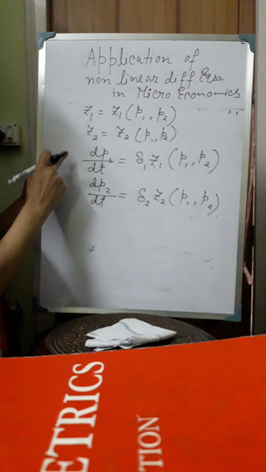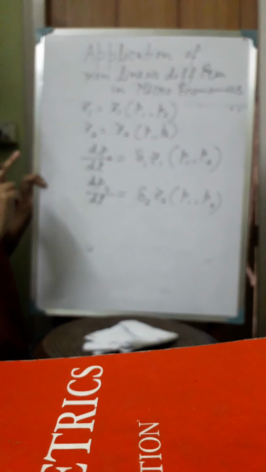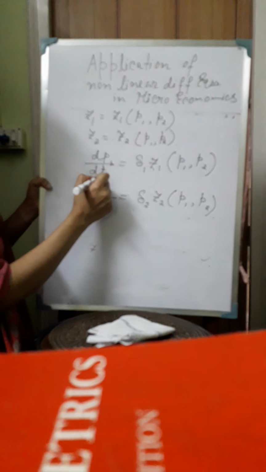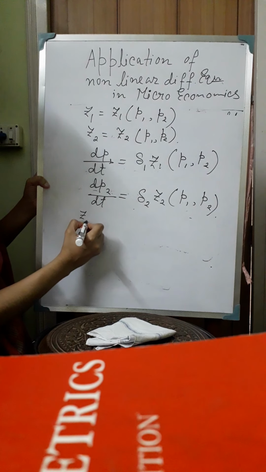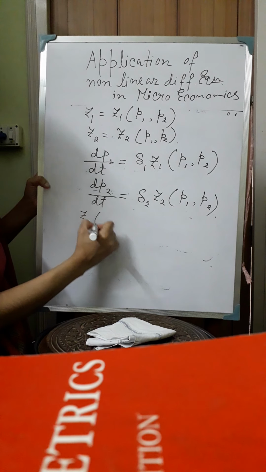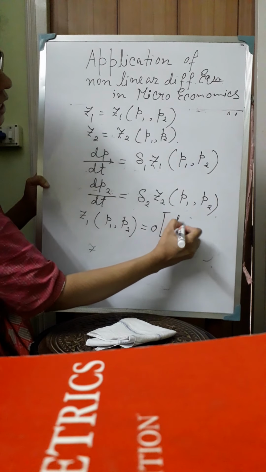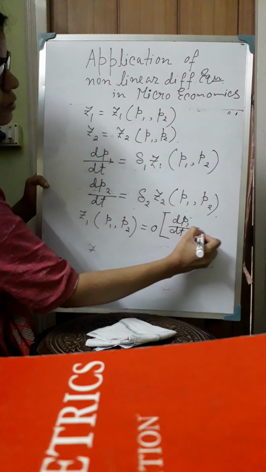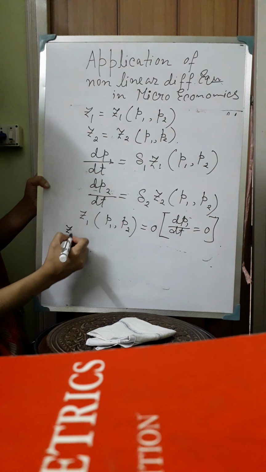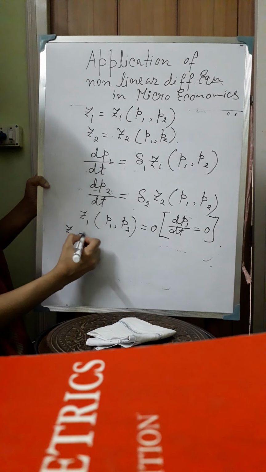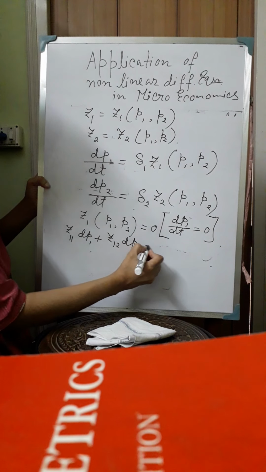Now if there is stability in market 1 and market 2, then we can say that dP1/dt is equal to 0. When dP1/dt is equal to 0, Z1(P1, P2) is equal to 0, so we can write that in equilibrium Z1(P1, P2) is equal to 0. That means we are considering that dP1/dt is equal to 0. So from here we can write Z11 dP1 plus Z12 dP2 is equal to 0.